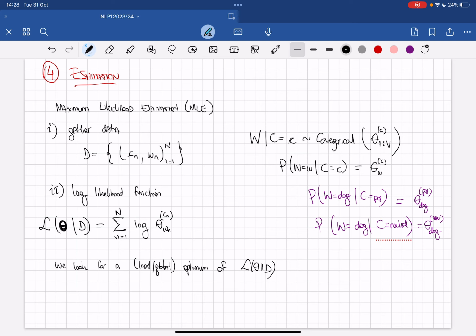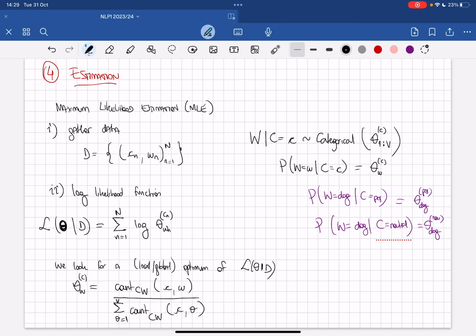And for the tabular model, this has an exact solution, and that solution is: count how many times you've observed a certain class occurring with a certain word, and divide that by the count of how many times you observe that same class occurring with any arbitrary word in the vocabulary of words that you know.